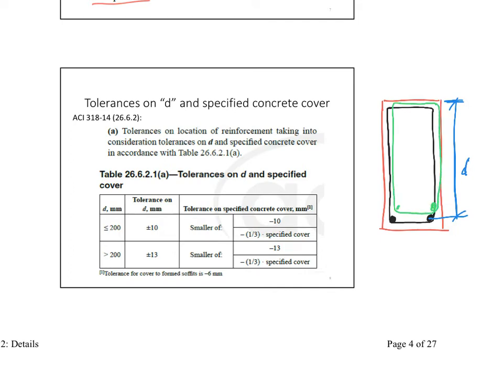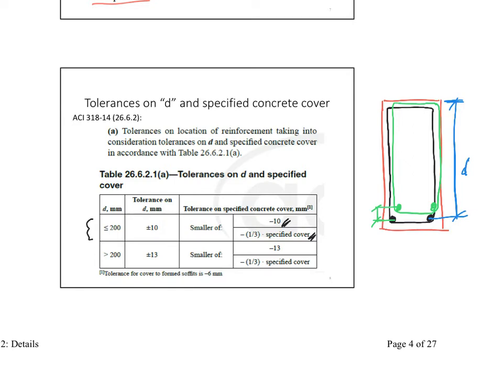Right? So now you've reduced your cover on the side, you've reduced your D, which reduces the capacity. Now, how much tolerance can I accept? How much of a difference between my old D and my new D can I accept? They said if the D itself is less than 200 millimeters, then you can only accept a tolerance of 10 millimeters or 1/3 of the specified cover.